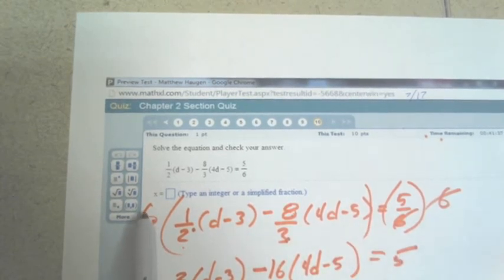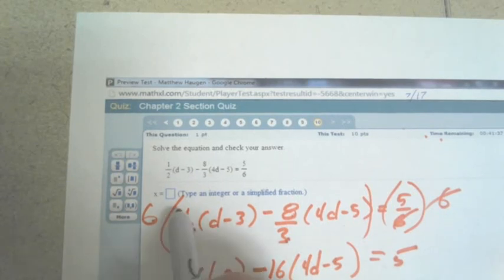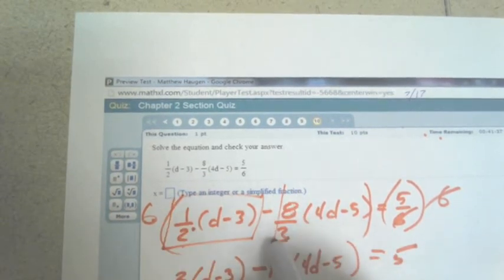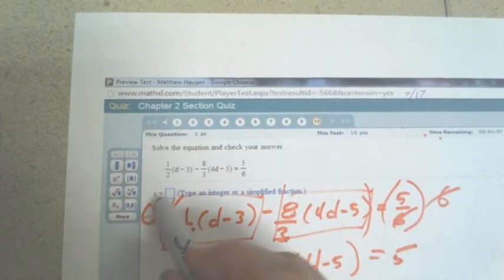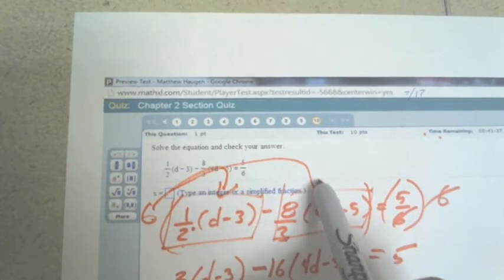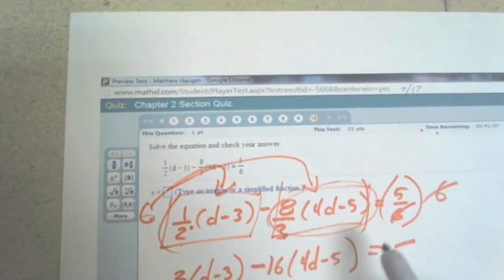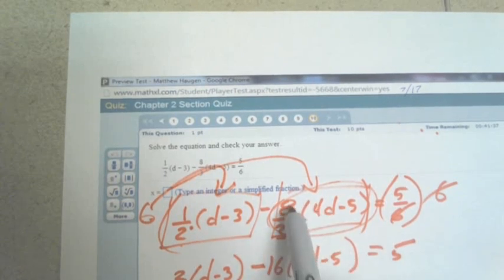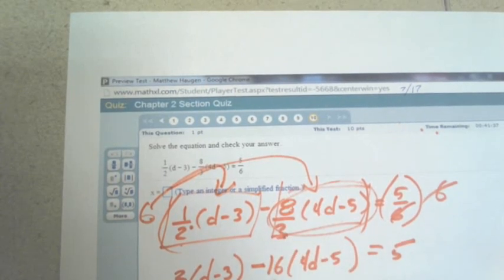Be sure that this 6 doesn't distribute to both of these terms as well, because this is one term and this is one term, so that 6 goes here once, we're multiplying it by the 1/2 because it reduces, and the 6 goes to this term once, we're multiplying it by the 8/3 to get the 16. Then do your distributions and solve.